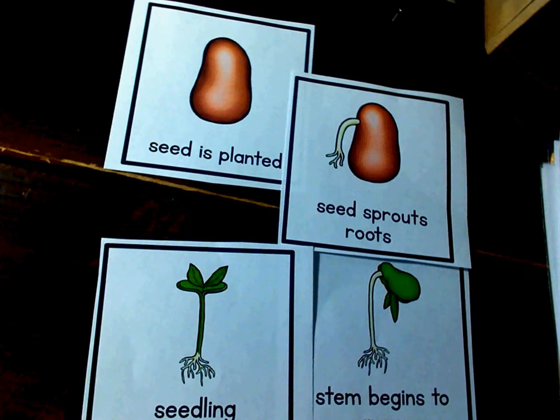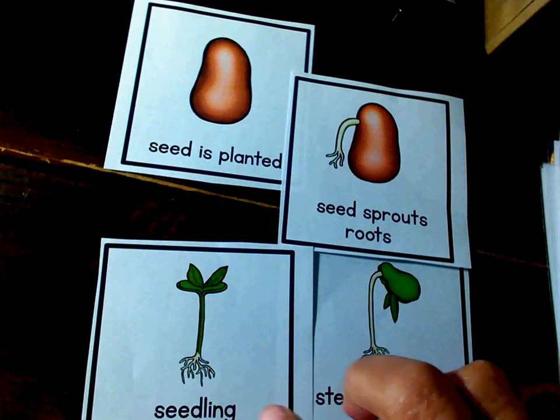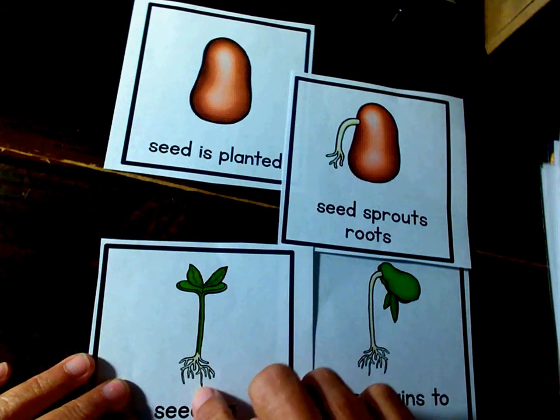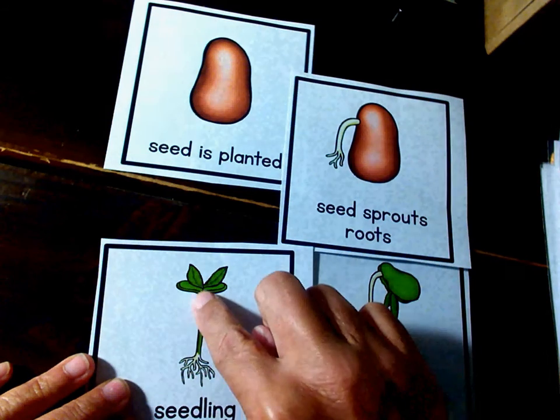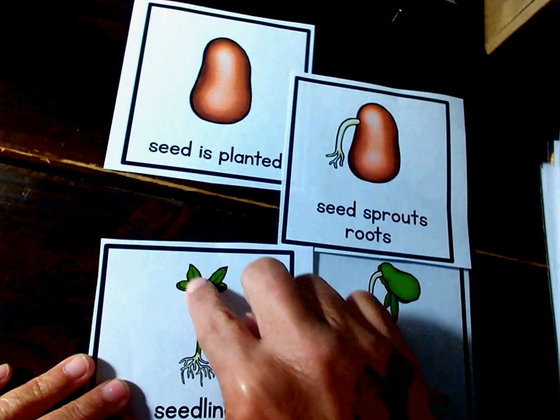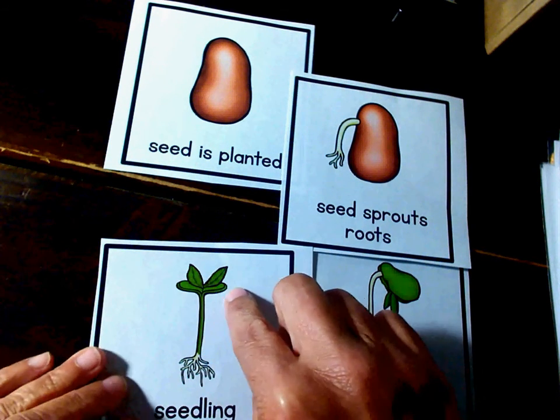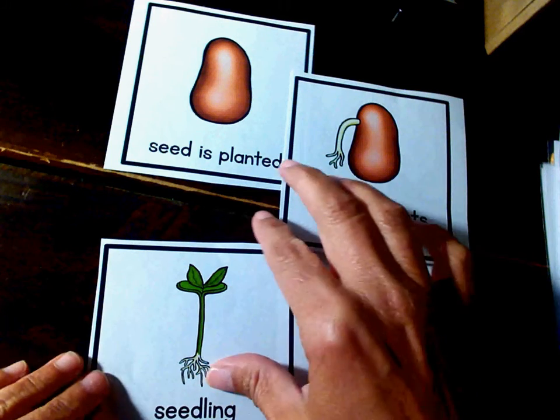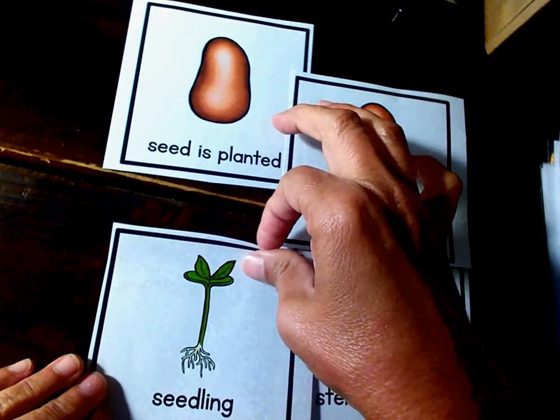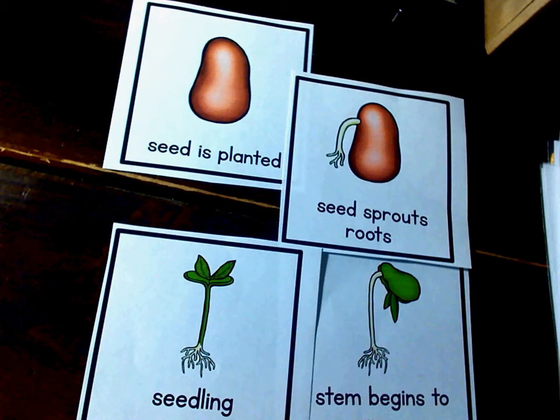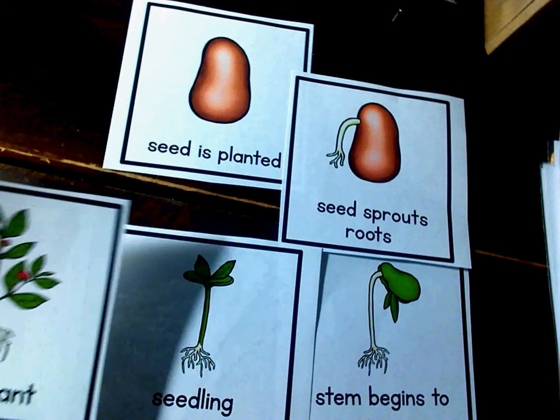So you have your roots growing down into the dirt, you have your stem growing up out of the earth, and you have a tiny plant called a seedling. Then as that plant begins to grow, again, with the right water, sunlight, air, and space, it's going to grow into an adult plant.